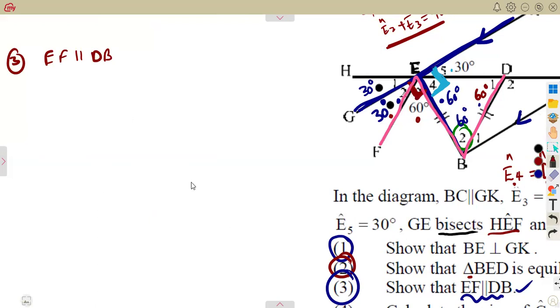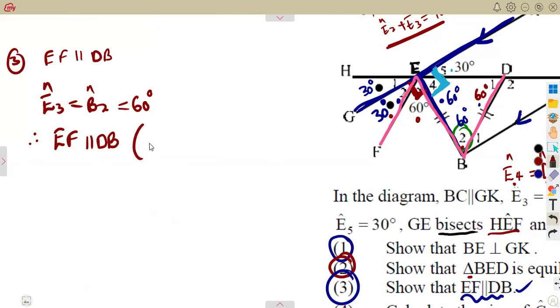Angle E3, remember this was E3. Angle E3 is equal to angle B2, which is equal to 60 degrees. Therefore, these two lines are parallel. So EF is parallel to DB. Why? We are talking of the alternate angles.